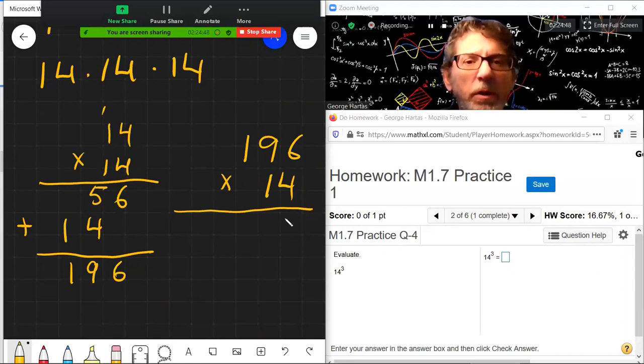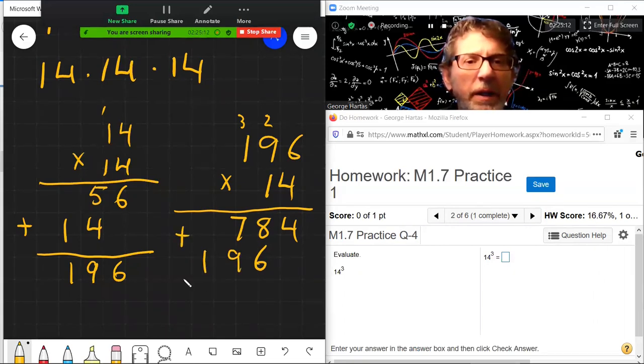Six times 4, 24. 4 times 9 is 36, plus 2 is 38. 4 times 1 is 4, plus 3 is 7. 1 times 6 is 6. 1 times 9 is 9. 1 times 1 is 1.